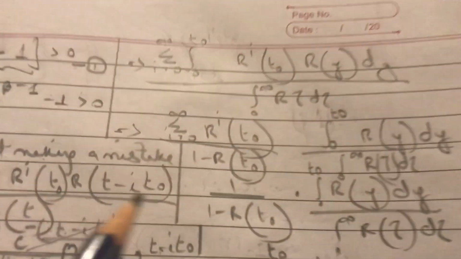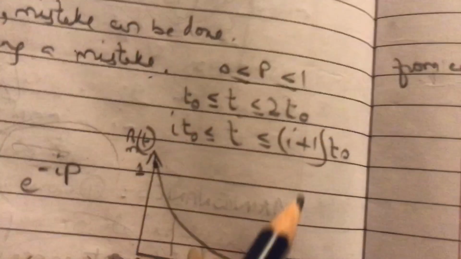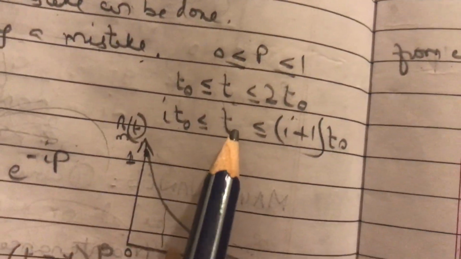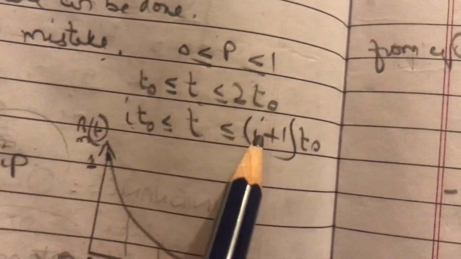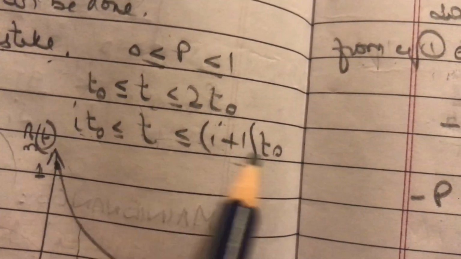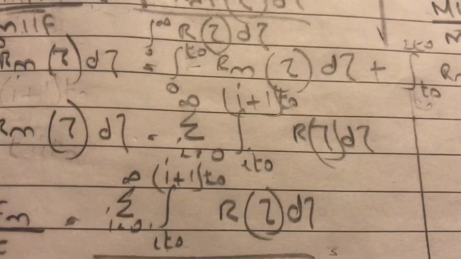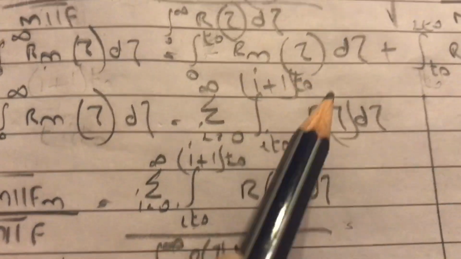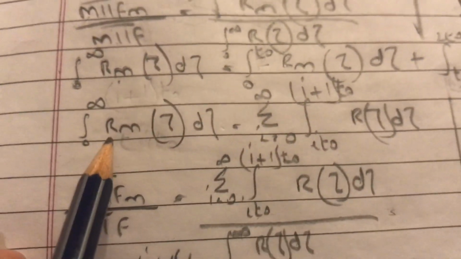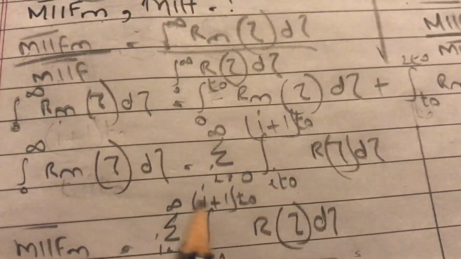Remember, we have a limit for t, that is i t0 to (i plus 1) t0. So this is the limit of t when we are talking about i. So that's why we have written it here in the form of i, R(tau) d tau.